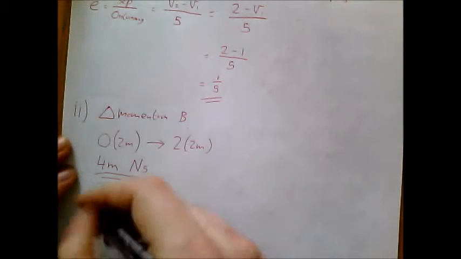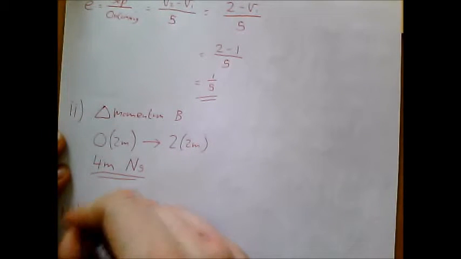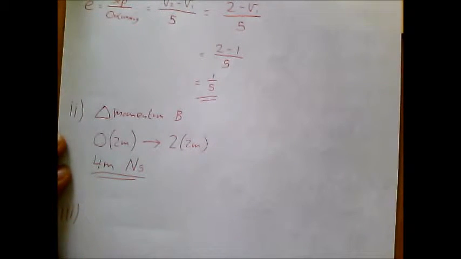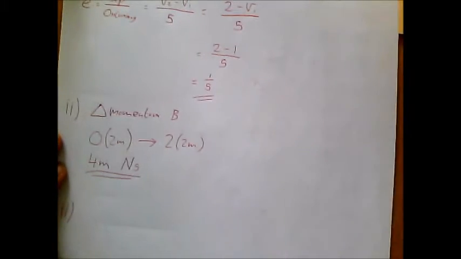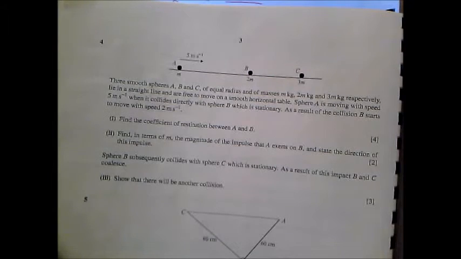For part 3, we are told some extra information here. Sphere B subsequently collides with sphere C, which is stationary, and as a result of this impact, B and C coalesce. And now we're being asked to show that there will be another collision after this one.